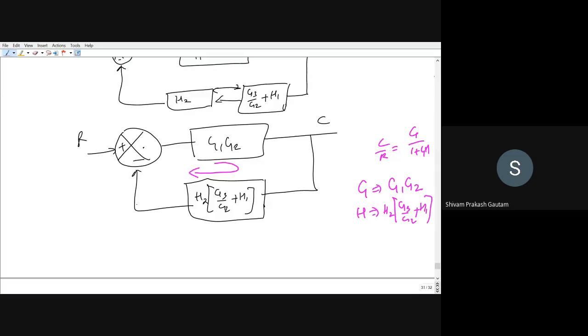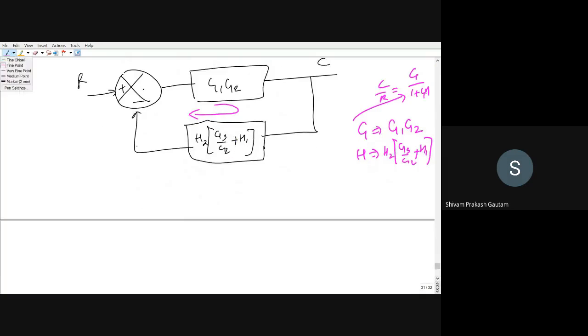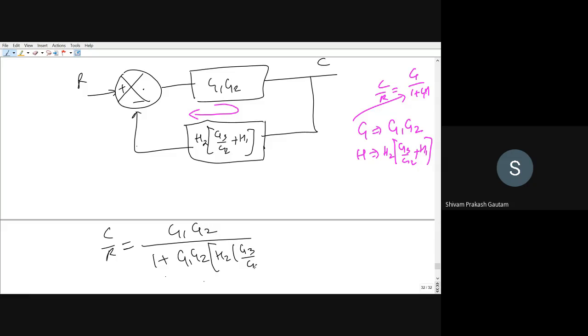So you have to insert both of these in the formula. So finally, C by R will be equal to G1 into G2 whole divided by 1 plus G1 G2 into H2 into G3 by G2 plus H1.